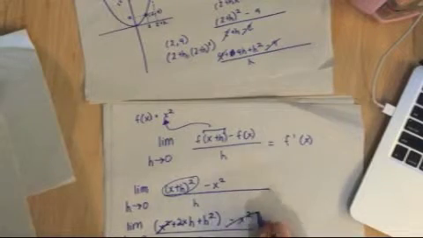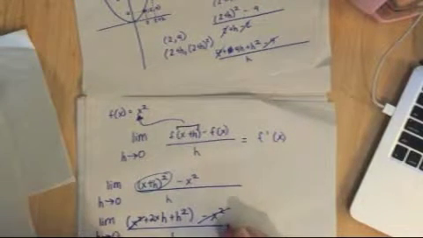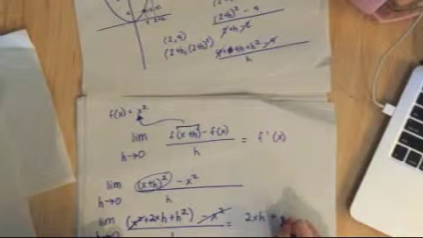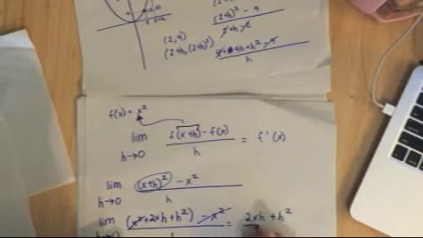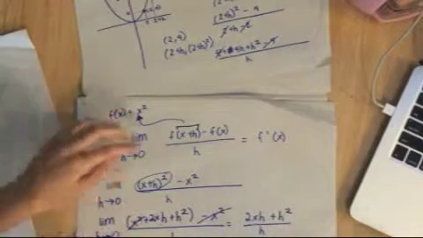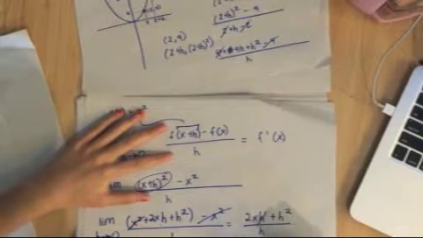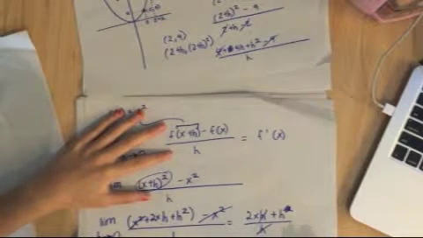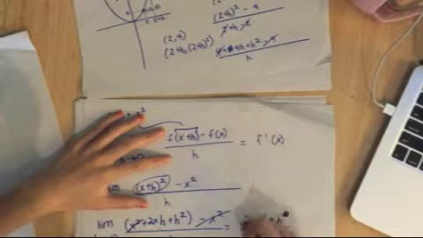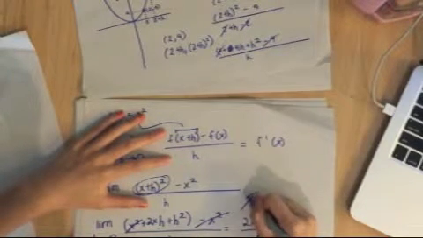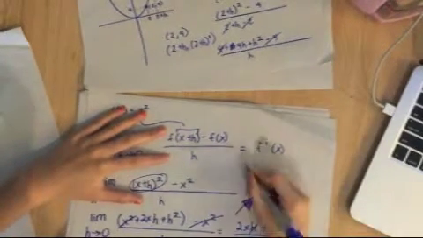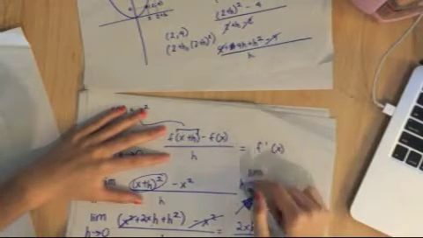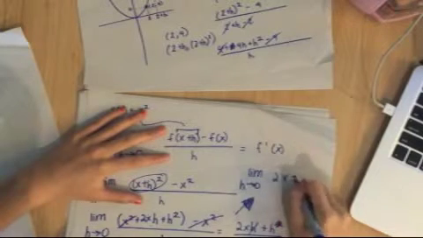We cross that out, it cancels each other out, and we are left with 2xh plus h squared all over h. You simplify this further, we are left with this. And now, sorry, my paper is kind of all over the place, but I hope you see what I'm doing. So now we are left with the easy part, find the limit of 2x plus h.